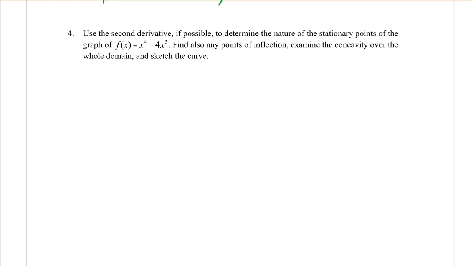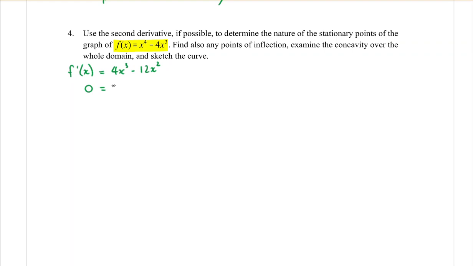If I have my equation, f of x equals, there it is, I want to find my first derivative, f dash x equals 4x cubed minus 12x squared. Now, to find my stationary points, I will make my first derivative equal to 0 and solve for x. So first derivative equals 0.